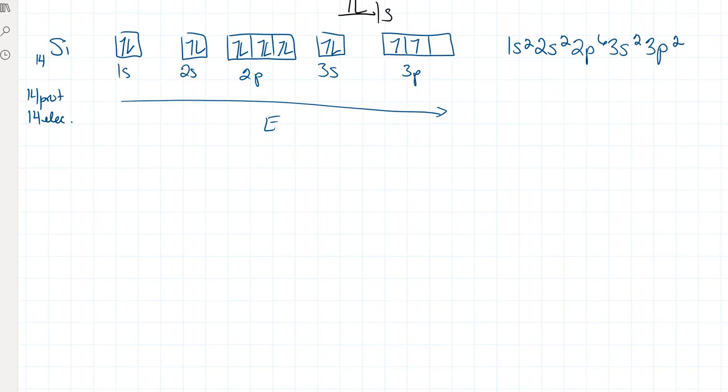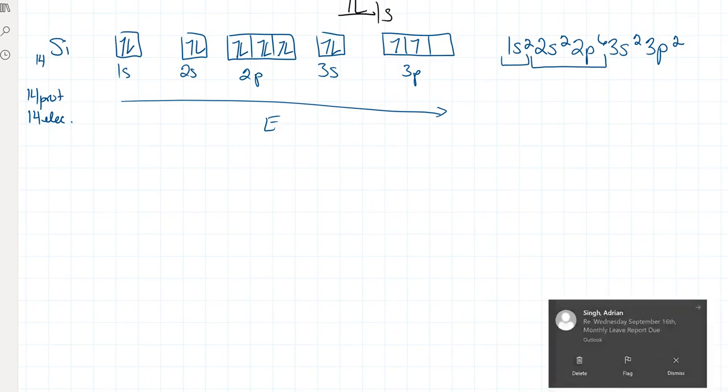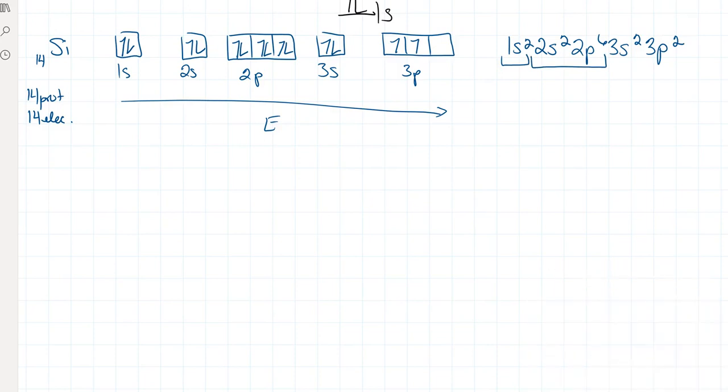When we take a look at how this is set up, everything in the 1 and 2 energy levels is full, but our third energy level electrons are not quite filled up all the way.